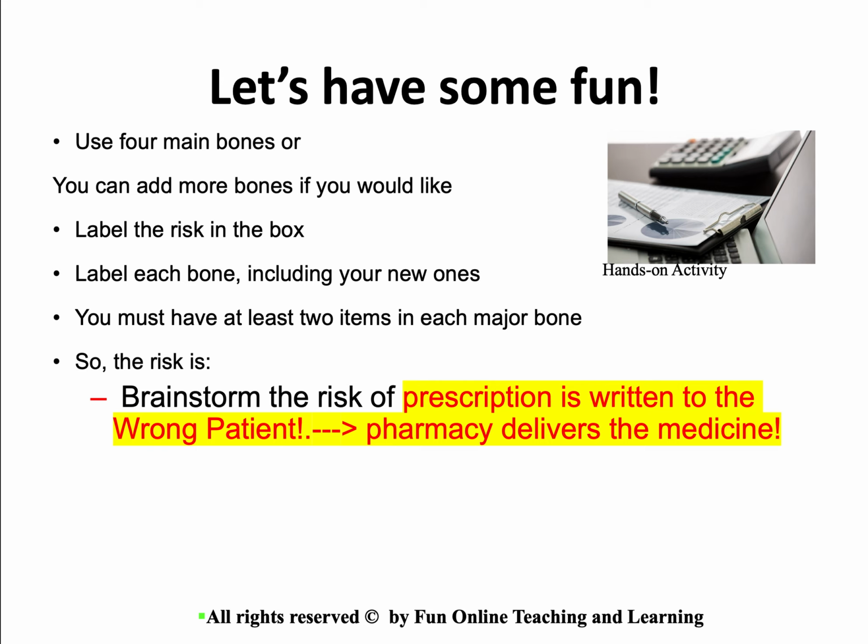Here's the scenario. Brainstorm the risk of a prescription written to the wrong patient, plus the pharmacy delivers the medicine. So it's 2 phases, right? One, the doctor prescribes the wrong medicine to the wrong patient, and then the pharmacy delivers the medicine. Okay, so just spend a few minutes, and please leave your comment below. What kind of little bones have you identified?